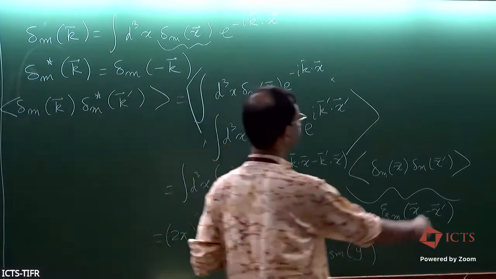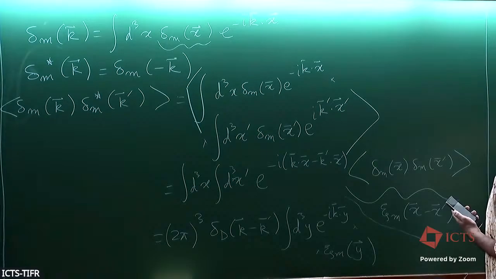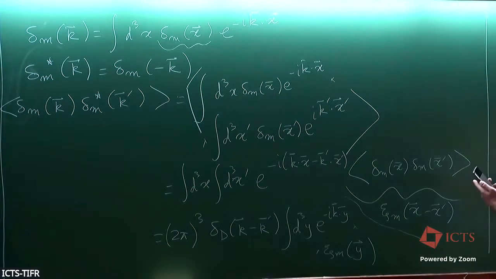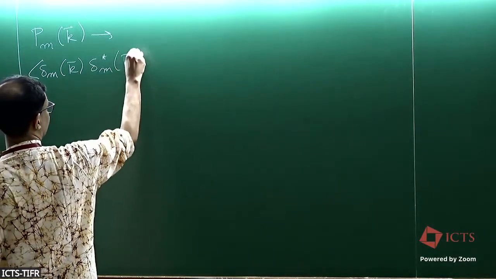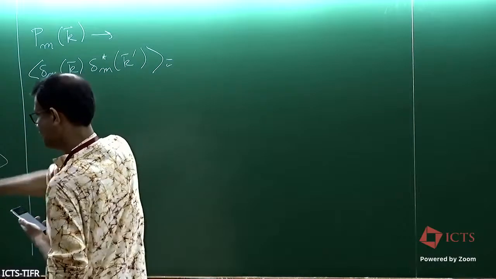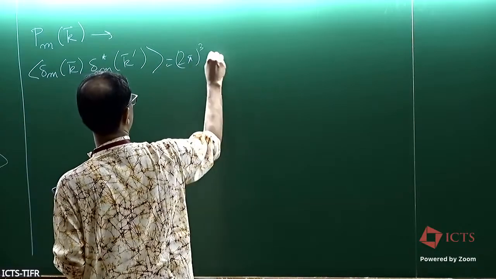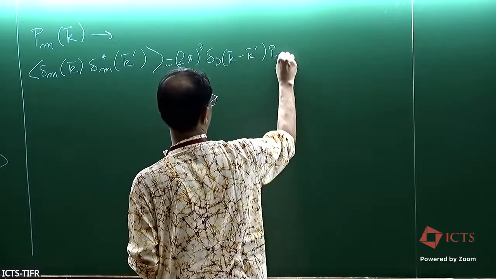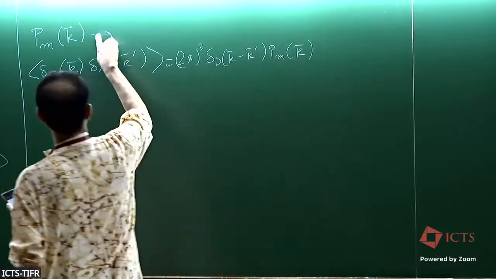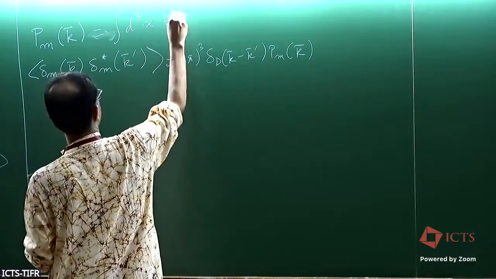Given this, I can now define a quantity P m of k in such a way that the ensemble average of delta m of k and delta m star of k prime is 2 pi cube times delta function of k minus k prime times P m of k. So this one has to then be the Fourier transform of the correlation function.